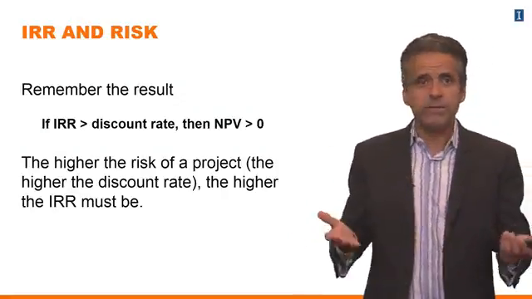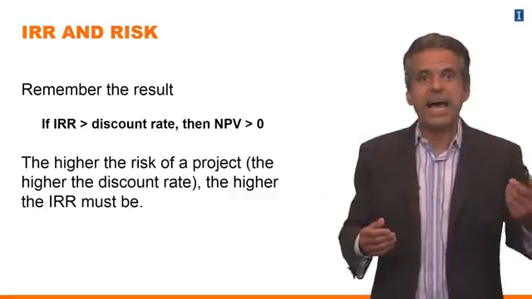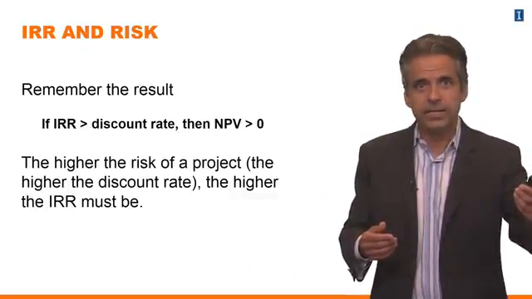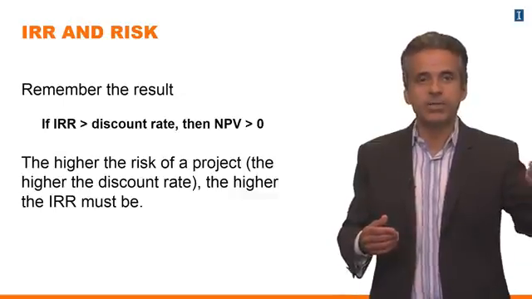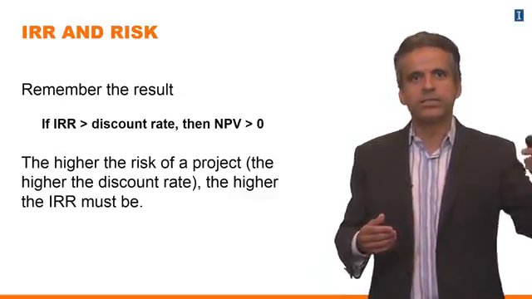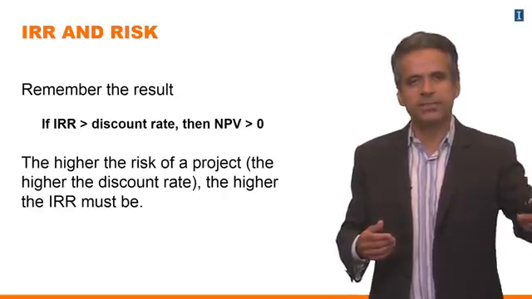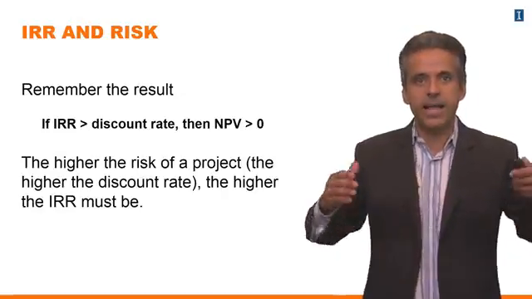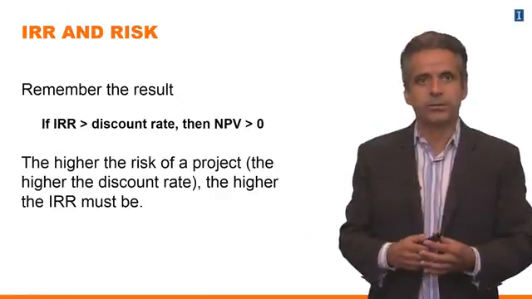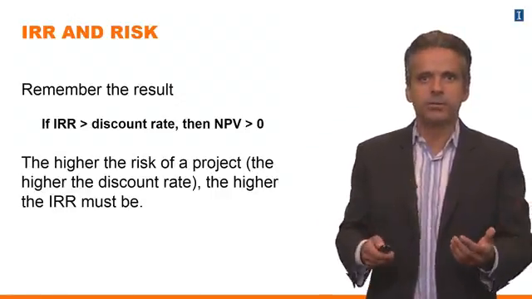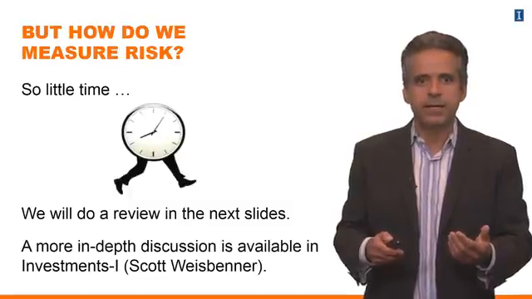So another way you can think about this statement is that if a project is more risky, then it's going to take a higher rate of return to turn this project into a good project, okay? So to make a project positive NPV, if risk is high, you're going to need a high rate of return, okay? So that's an intuitive way for you to think about this relationship, right?